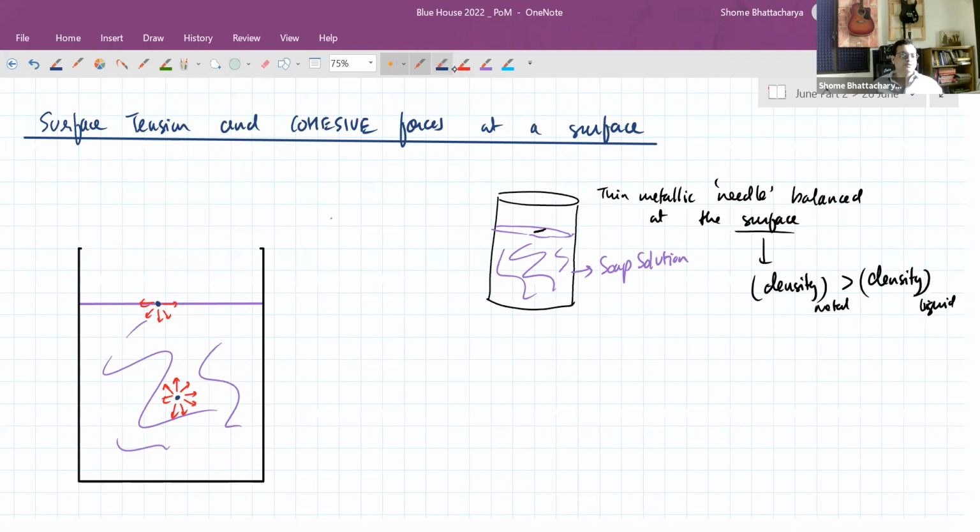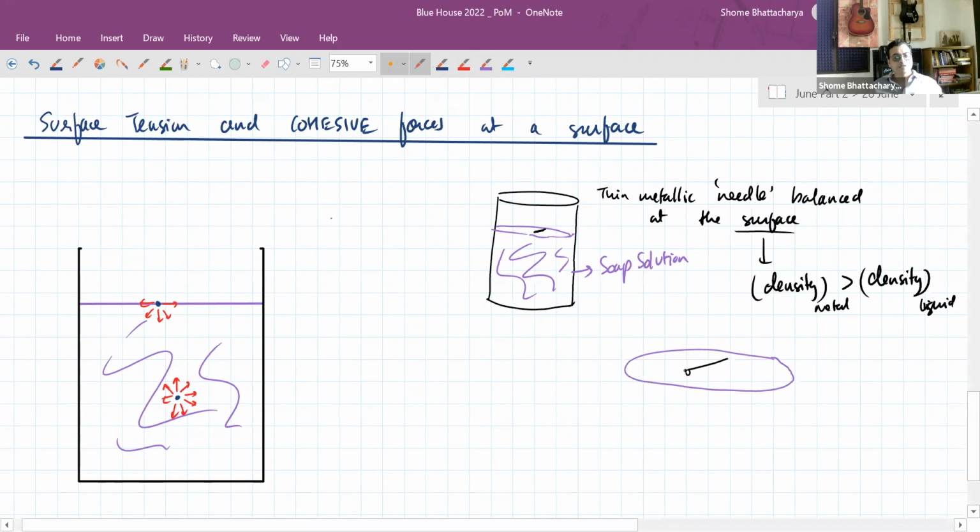So that happens because if you observe closely at the surface where the needle is present, you draw a sort of magnified diagram of it. Think of the needle like a thin cylinder like this. You'll see that the surface has got a little bit contorted like this, like a membrane would get contorted.